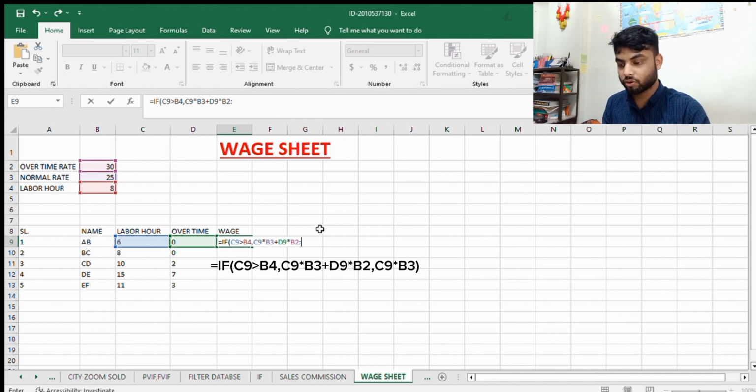If it falls, then labor hour into normal rate, then bracket close, enter.